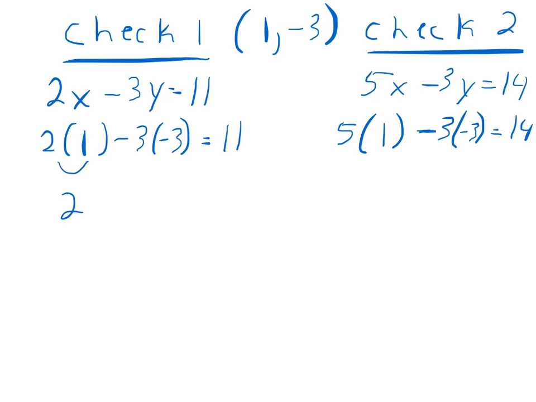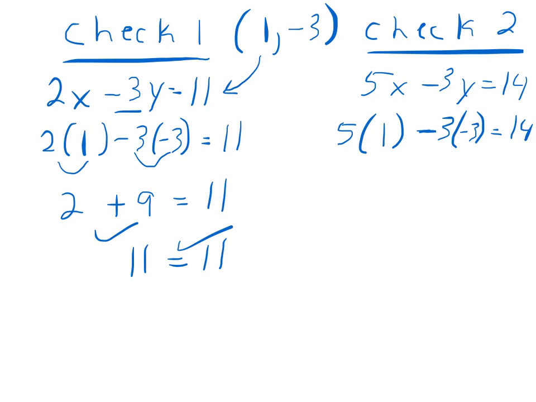This times this is 2. A negative times a negative is a positive 9. 2 plus 9 is 11. Does that check out? Yes, we just proved this point is on that line. So if we graphed this equation, this point would be on the line.